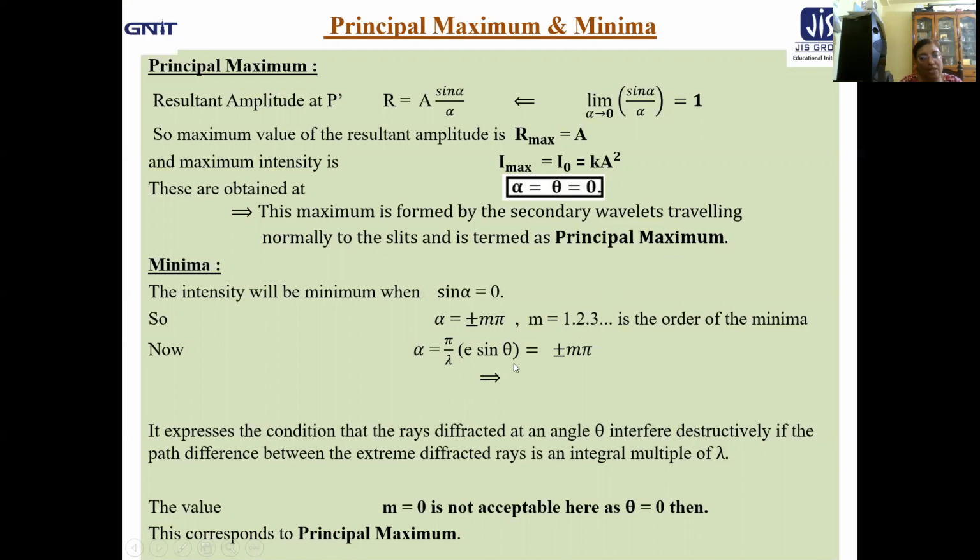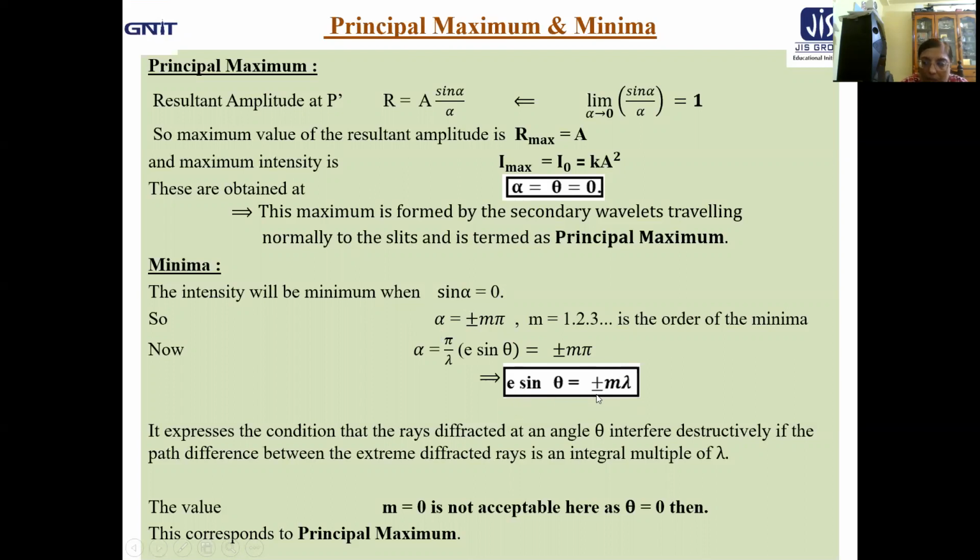Pi by lambda into e sine theta is equal to plus minus m pi. So pi will cancel out from both sides, and we will have e sine theta equal to plus minus m lambda. So this is the condition of minima in terms of the path difference. And this is the condition of minima in terms of the root of the equation.